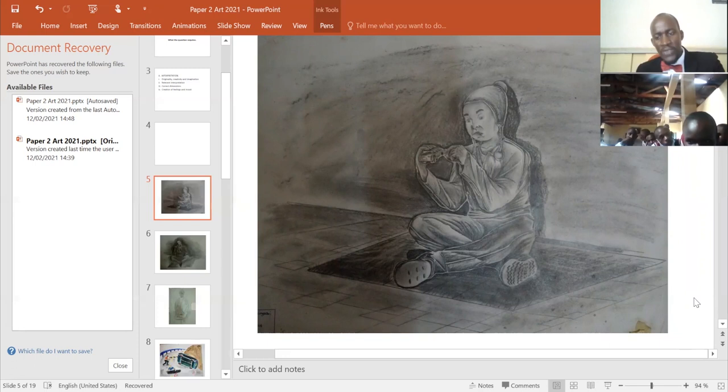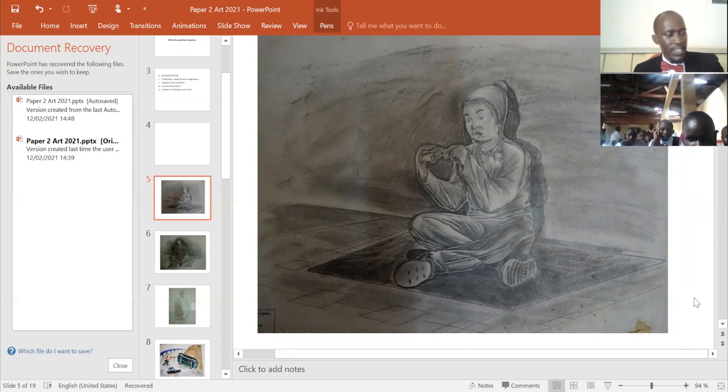So we have 35.5 out of 50. Then application of principles and elements out of 10. How much would you score this candidate? 8. So that is 41.5 out of 60, isn't it?